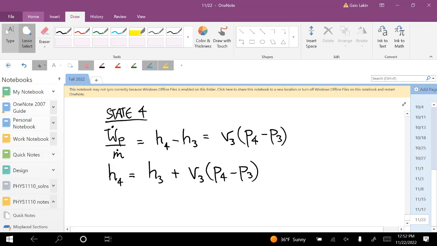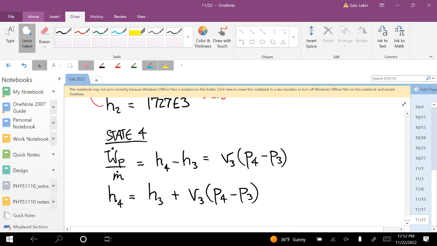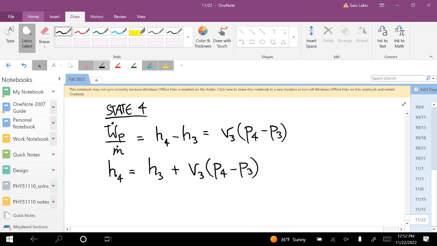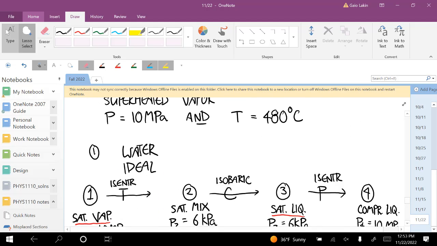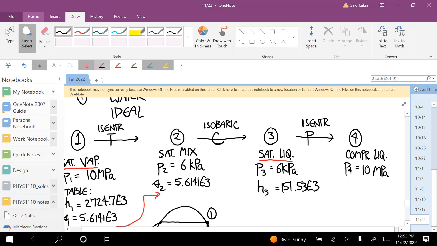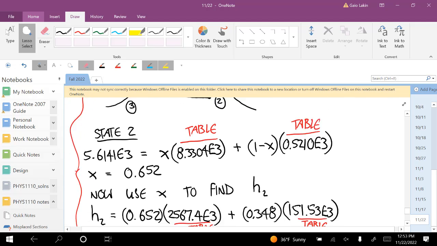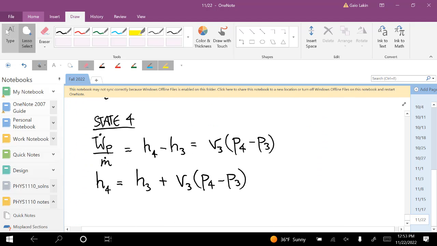Well, you could look up, I usually just, for the specific volume of liquid water, I just use 0.001. But you can go to the saturation table and figure out at that pressure, this pressure is 10 megapascals, look up the saturation temperature at that pressure, and then use that to find the specific volume, and it would be about 0.001, but something slightly different.